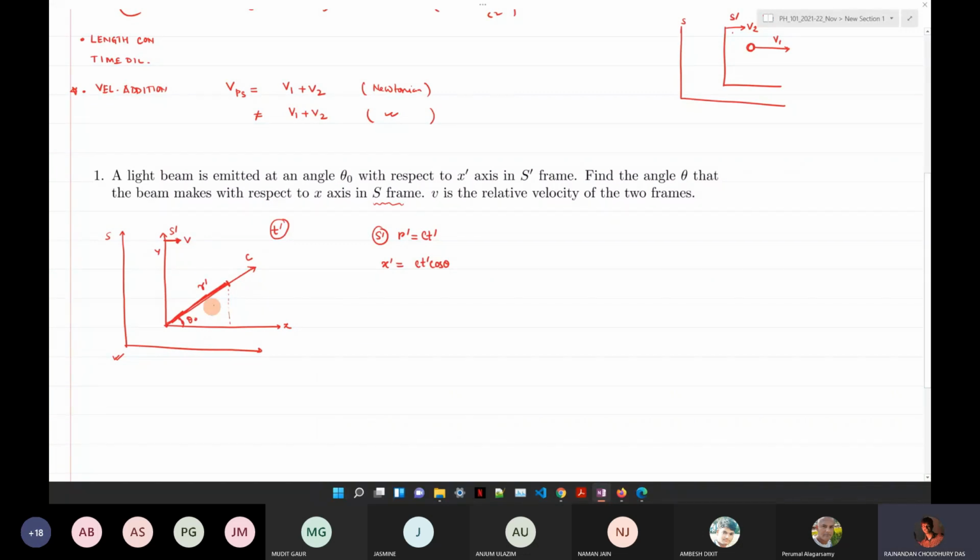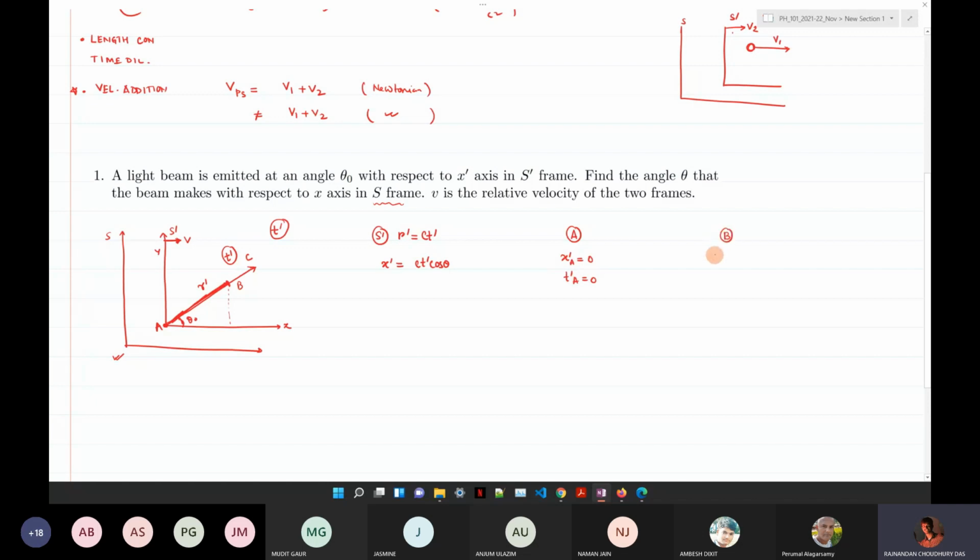Now suppose we are mentioning two events: event A when the beam was here, when it started, and event B when it has reached this point, when t prime time has passed. At event A, x prime A is equal to 0 and t prime A is equal to 0. We are starting the measurement here.